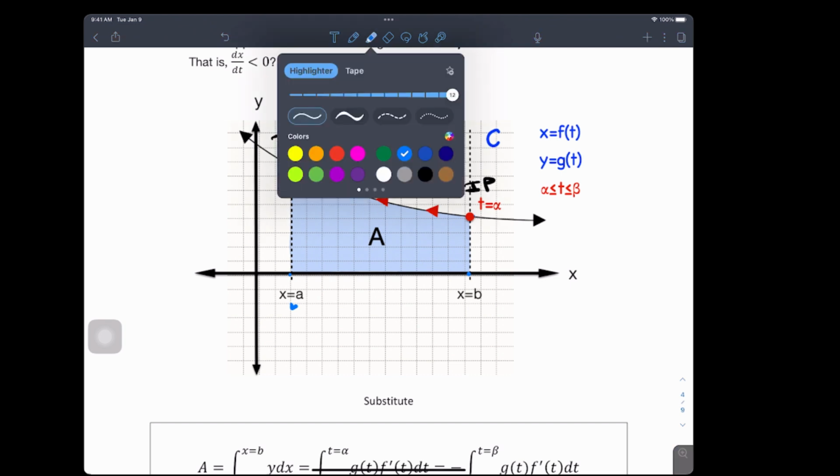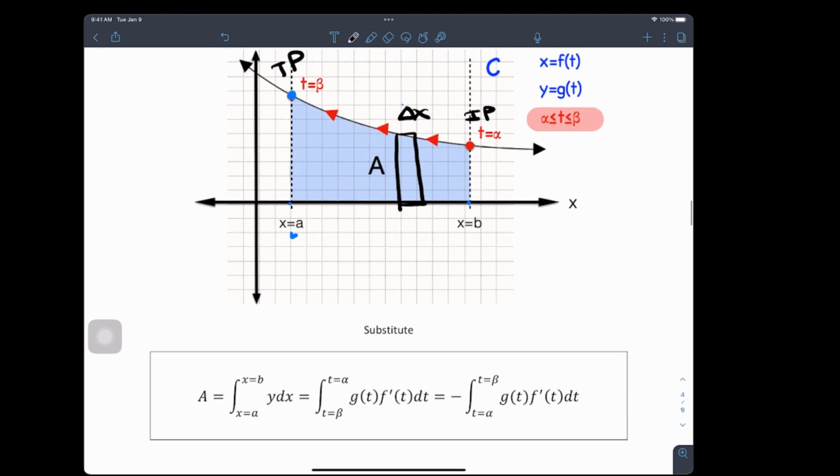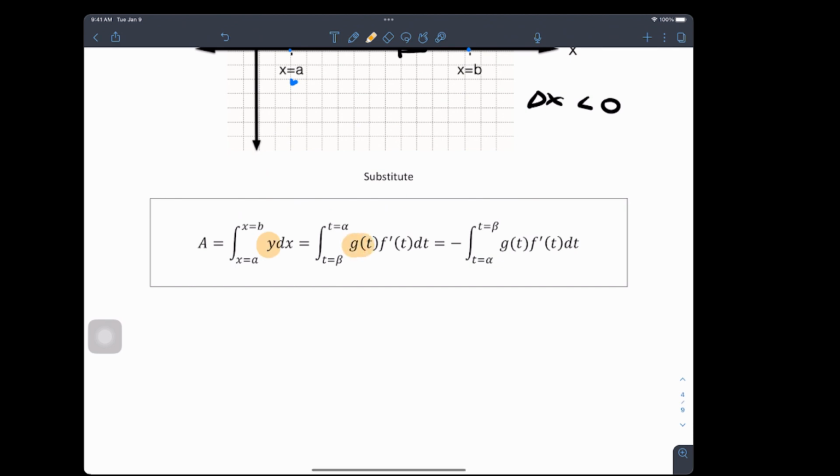This t is always increasing, right? Time is really, we define it that way. Alpha is less than or equal to t, less than or equal to beta. But the problem is your orientation for the curve is going the other way. And remember, your approximating rectangle now, that delta x, this is where the real issue is. This delta x is no longer positive. This is negative. So that's kind of what's going on here now. So everything is still the same. So you say, okay, y, and here's my y.